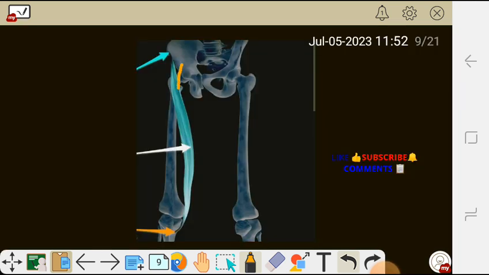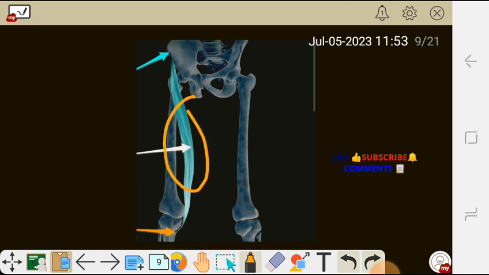So this is the sartorius muscle. It is originating from the iliac crest there. Okay, so it is originating on the anterior superior iliac spine, and it is inserting on the tibial tuberosity.